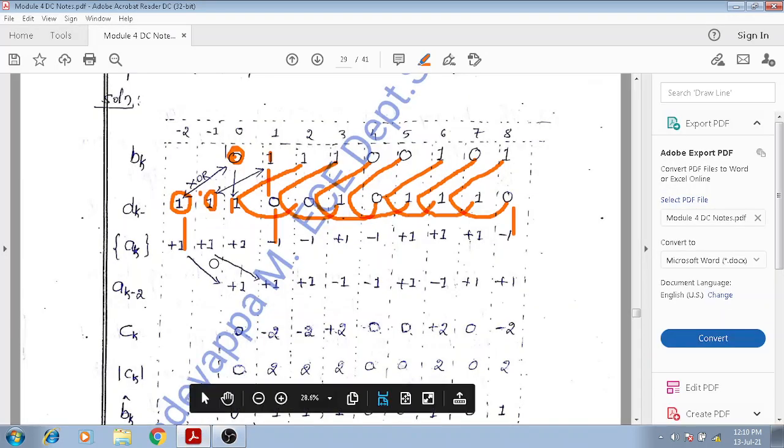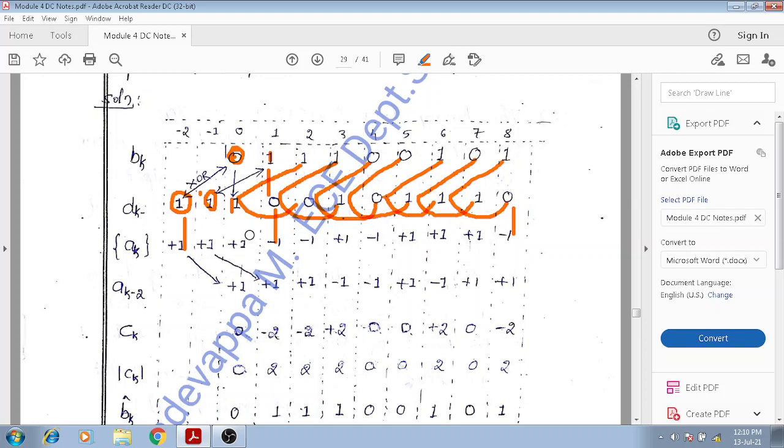Okay, I will explain once again here. So Ck is equal to Ak minus Ak minus 2. For this Ak, this is the present Ak bit, and Ak minus 2 is this one. So +1 minus 1, how much is it? 0, right? Next, this -1 minus of +1, -1 minus 1 is -2.